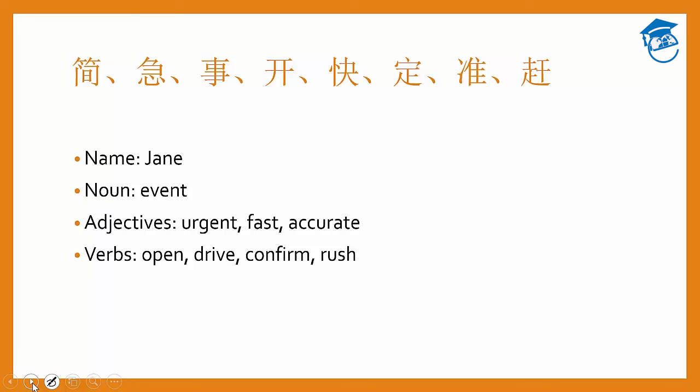So in this lesson, for the top part, it's the Chinese words that you have learned in this lesson. And among this, you have learned the name Jane and a noun which means event, and also some adjectives like urgent, fast, accurate, verbs such as open, drive, confirm, and rush.